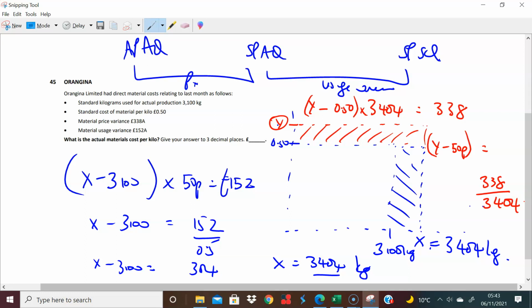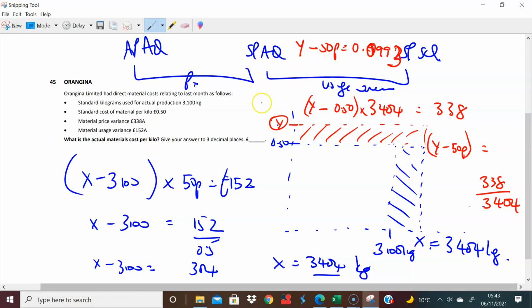338 divided by 3,404, and you have 0.099. So Y minus 50p is equal to 0.0993, to 3 decimal places.